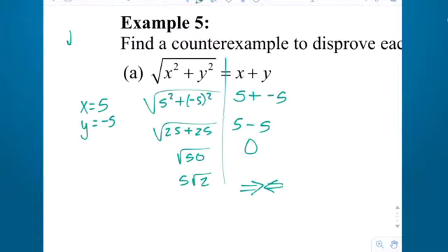Why would you never want to call the square root of x squared plus y squared x plus y? Because it's not equal to x plus y. We just proved it, okay? We've proved that it's not equal. One counterexample is all it takes to prove something's not true. Well, actually, did you think about x equals 5 and negative 5? Maybe that's actually a good friend to have, right? They keep you from making careless mistakes.